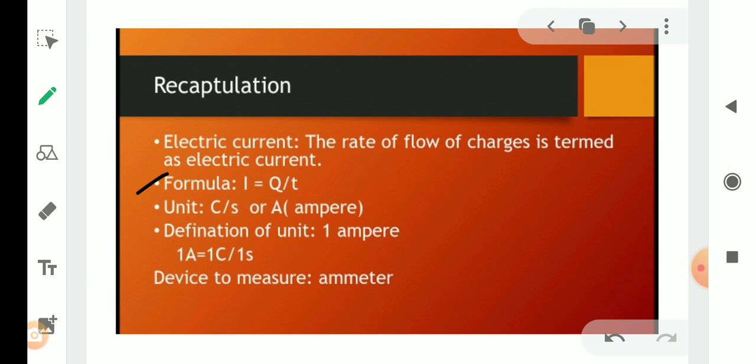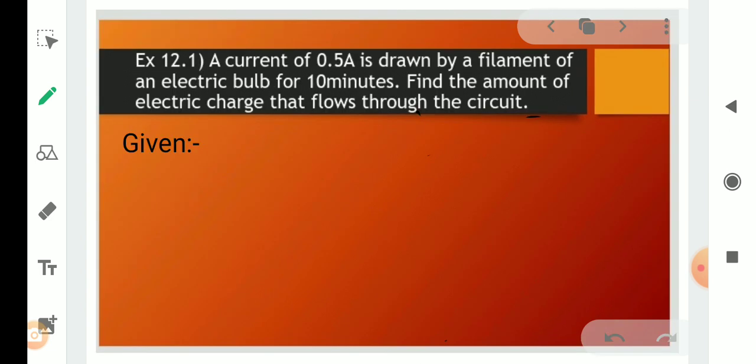Now, based on the formula, let us solve an example problem, which is there in your page number 94, example 12.1. The problem is, a current of 0.5 ampere is drawn by a filament of an electric bulb for 10 minutes.